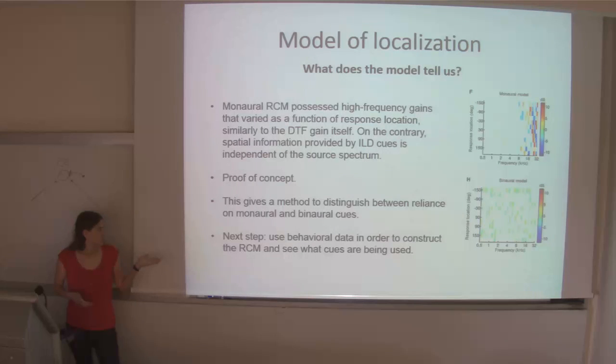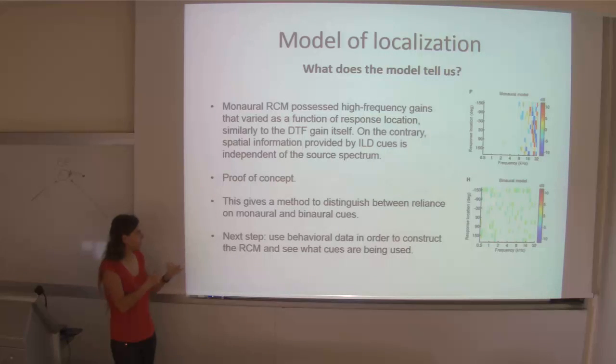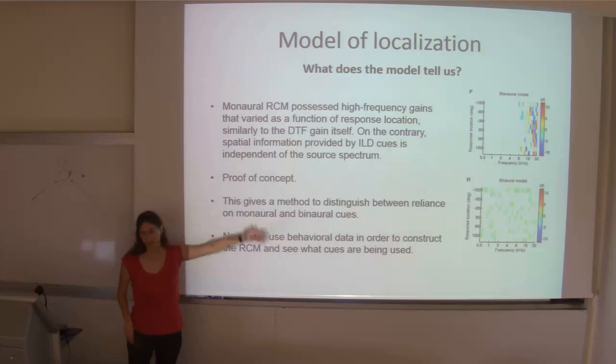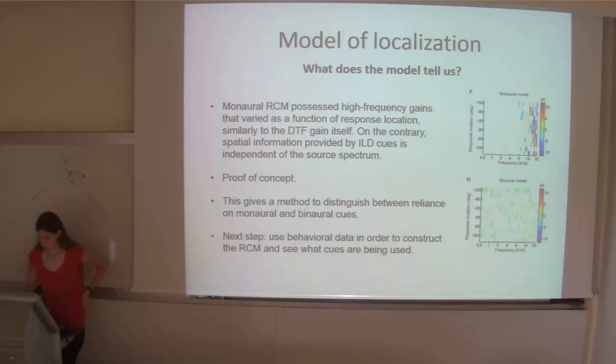So the next thing we want to do is to take the behavioral data obtained from the first experiment and put it into this model, compute the reverse correlation maps and see which one it resembles, which means which cues they used in each situation.